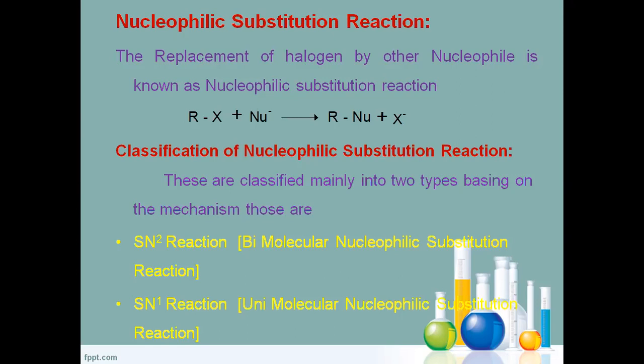In SN1, 1 indicates unimolecular, N indicates nucleophile, and S indicates substitution, that is, unimolecular nucleophilic substitution reaction. SN2 means bimolecular nucleophilic substitution reaction.